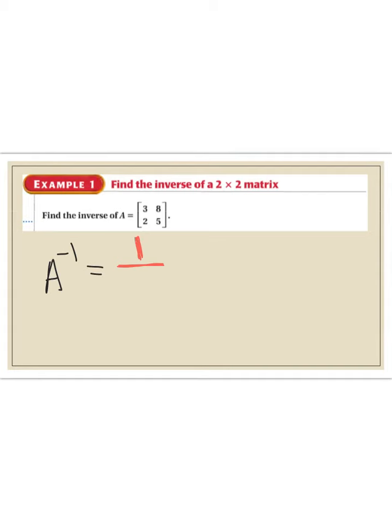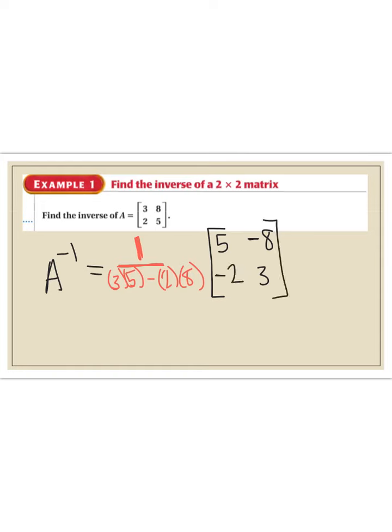So I'm going to have 3 times 5 minus 2 times 8, and now my new matrix, remember I switched the positions of the top left and the bottom right, and I also switched the signs of the top right and the bottom left.